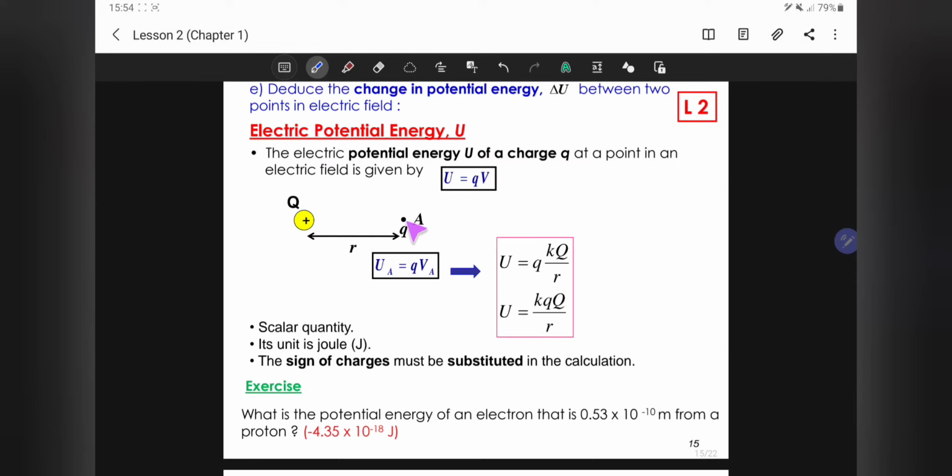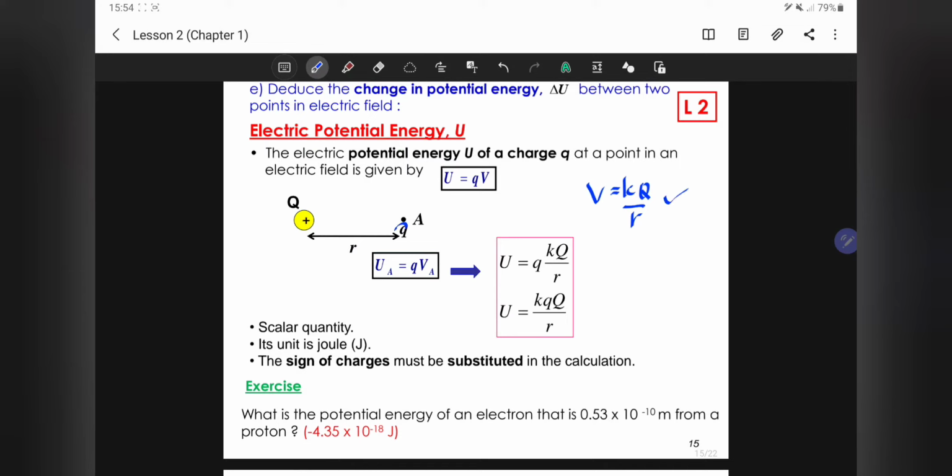VA is the potential at point A. In this case, the potential exerted on A is by the isolated charge. As we know, the equation is V equals KQ over R. At this point, the distance or separation between the isolated charge and A is R. So we have the potential.